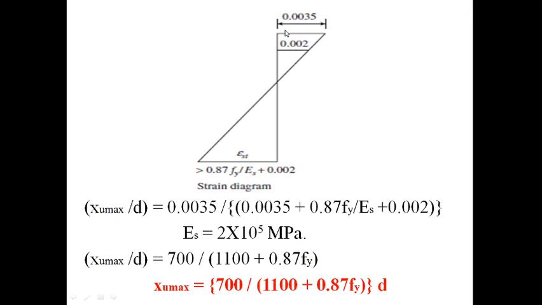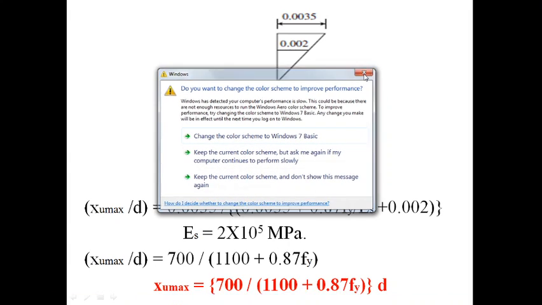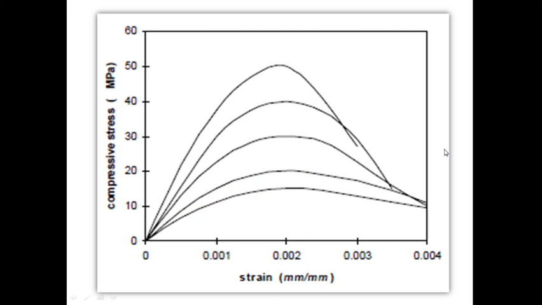As per IS code, the failure strain is 0.0035 only for concrete, and therefore this depth of balanced neutral axis is dependent on steel only. Of course it is dependent on concrete, but that 0.0035 is taken constant for all the grades. Independent of grades, it is taken 0.0035 only, and therefore in a way it depends on grade of steel only as per IS code.